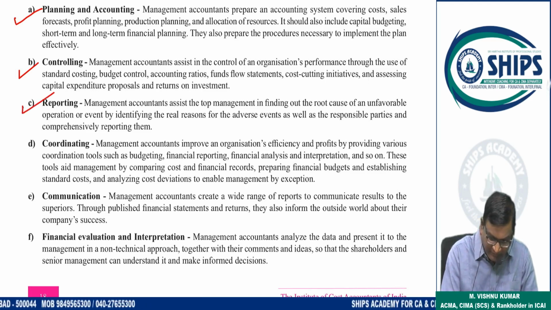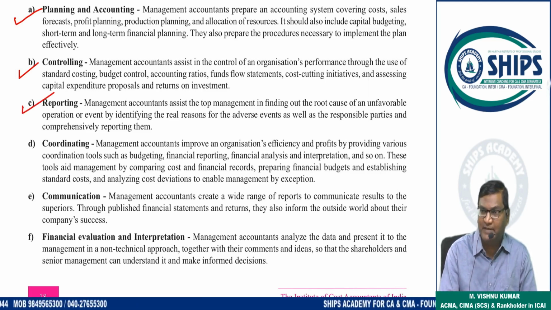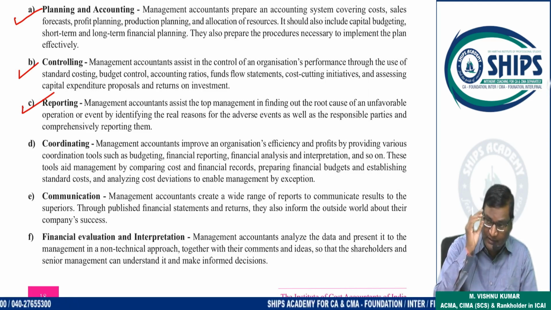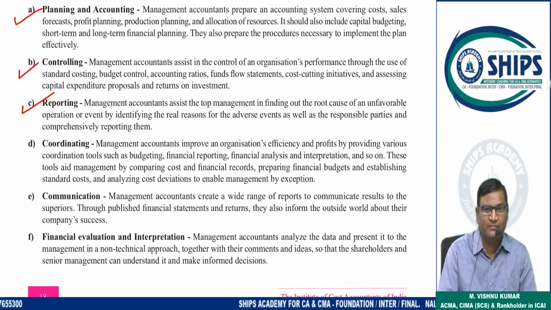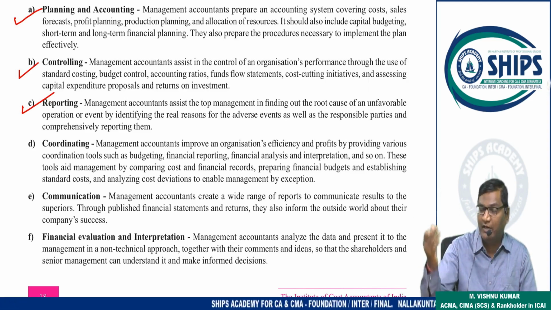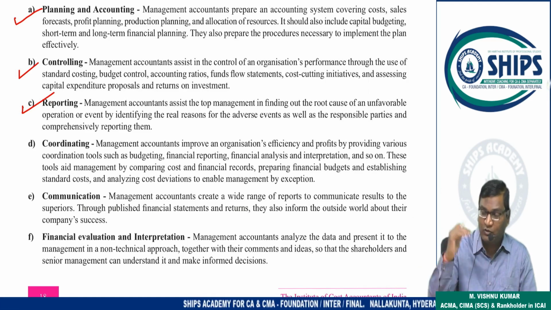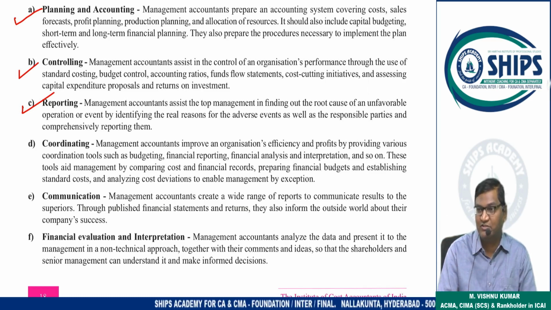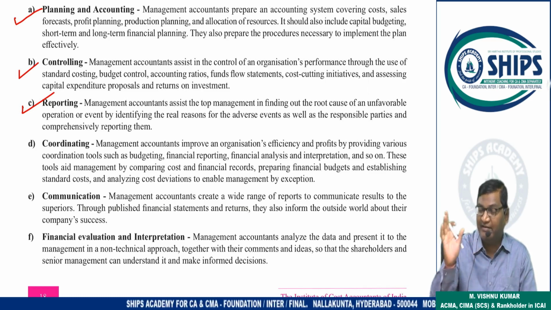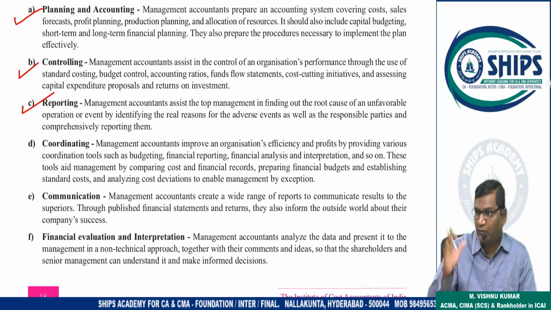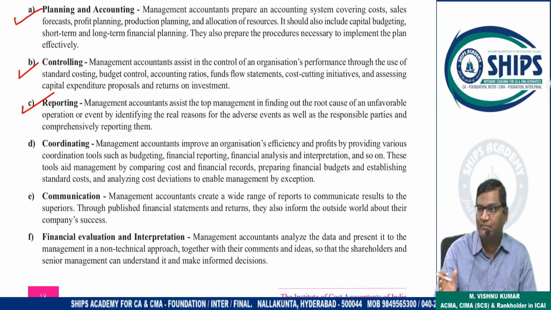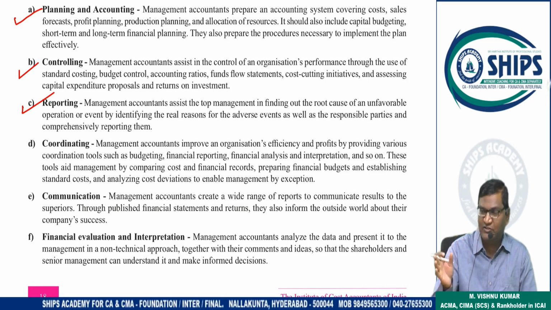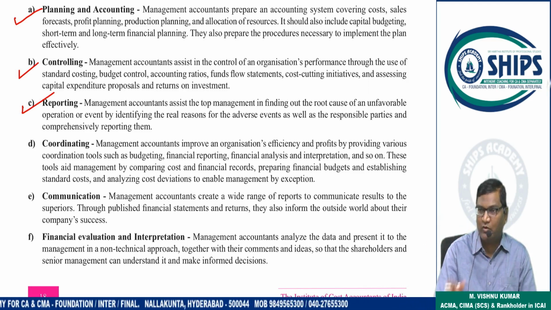Next is reporting. A main function of management accountant is reporting, because he cannot take decisions on his own basis. He has to inform higher authorities, and then they will take the decisions. He should only advise through reporting. He explains why this is better, and that if management takes this type of decision, it is on the profitable or beneficial side.